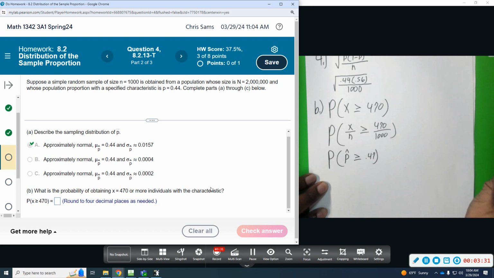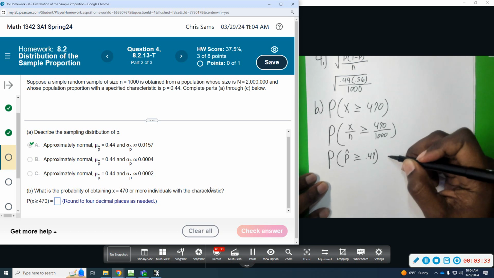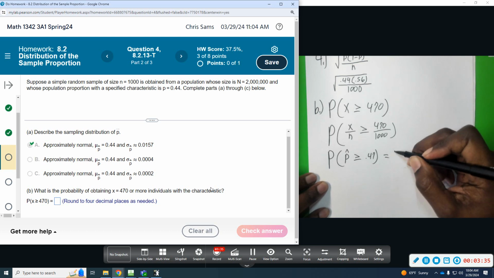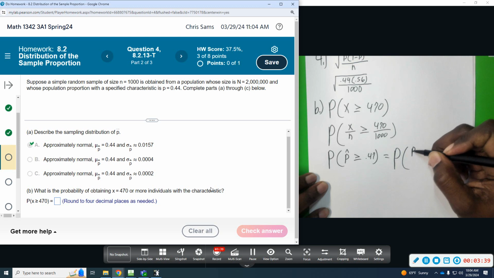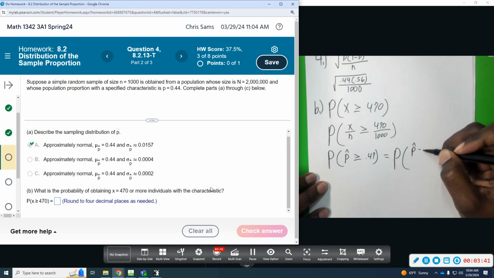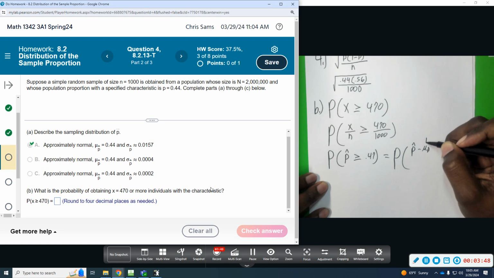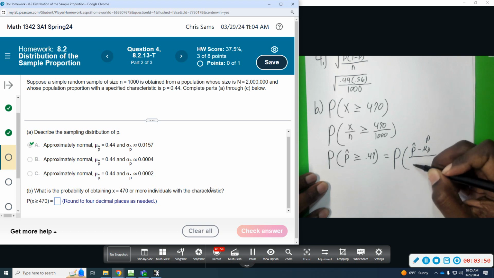And then from here, we will convert to a z value. So let's go through the whole setup. The probability that p hat minus the mean, and they've been using mu p hat, which is the same thing as p, you can just as easily put a p here, divided by the standard deviation.